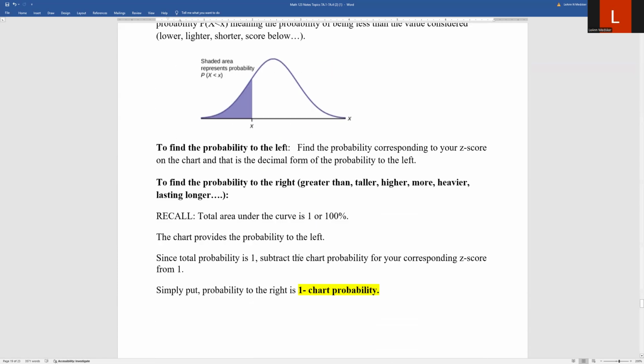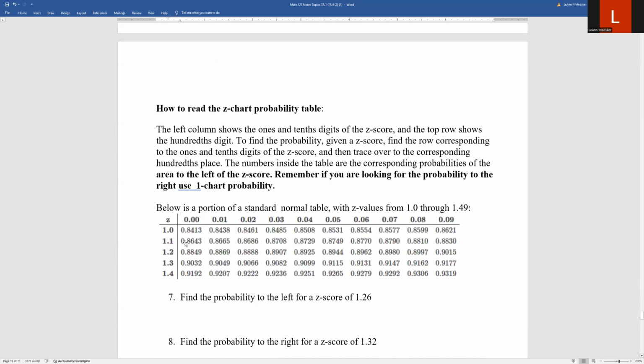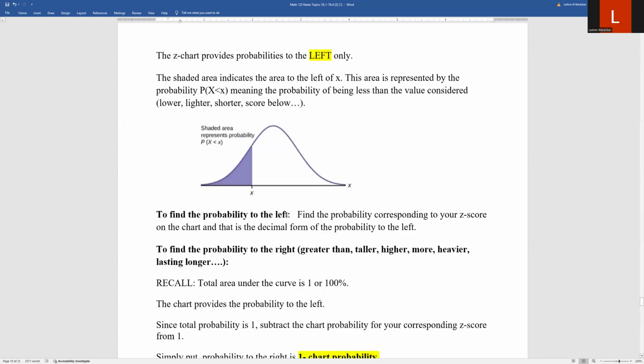So every time you look at these little tables, I'll show you what they look like. If my z-score is 1.12, I go to 1.1 and then go over to the 0.02. This 0.8686 is only the area or probability less than me. It is less than only, okay?